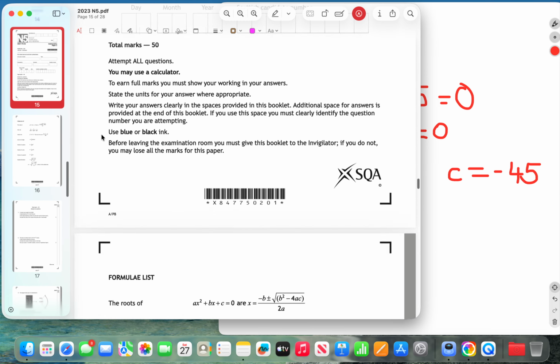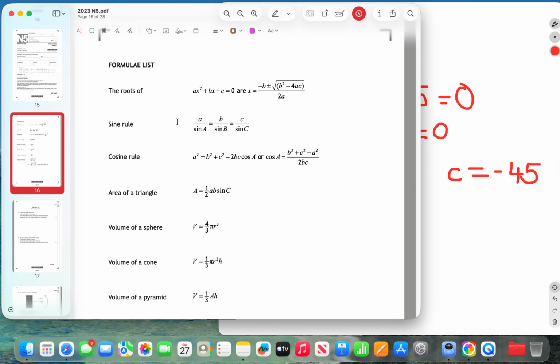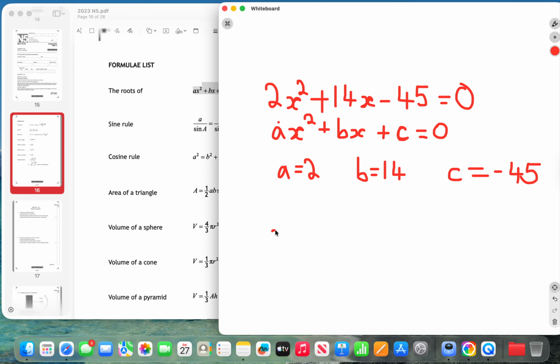Let's pop up to the formula list, and the quadratic formula is the first one on the list. Copy this one exactly as it is, because it's very easy to get this one wrong.